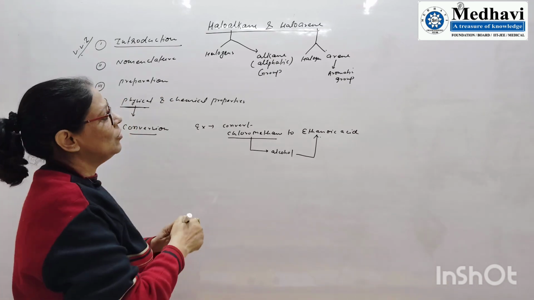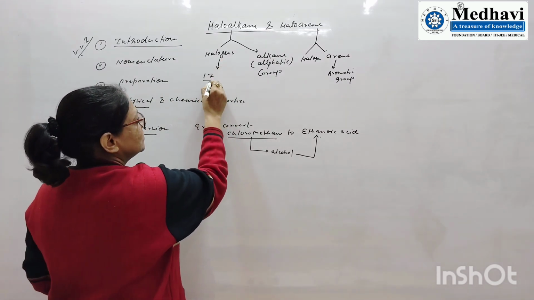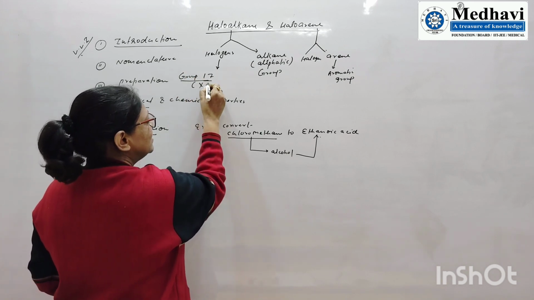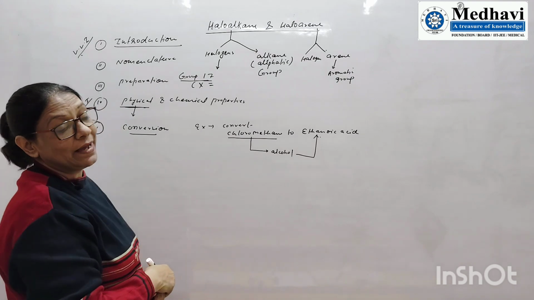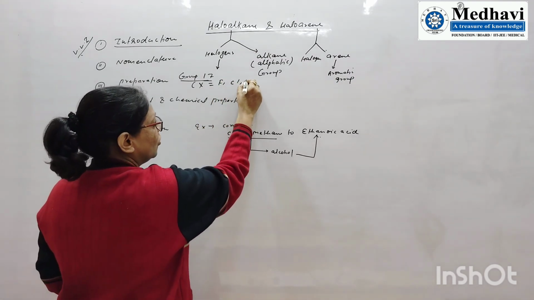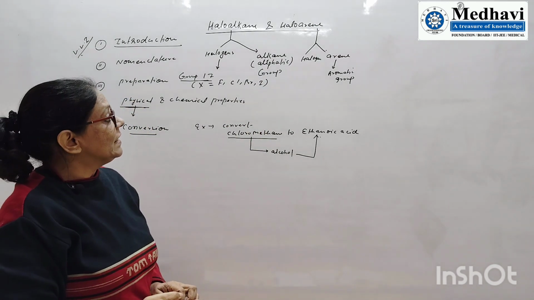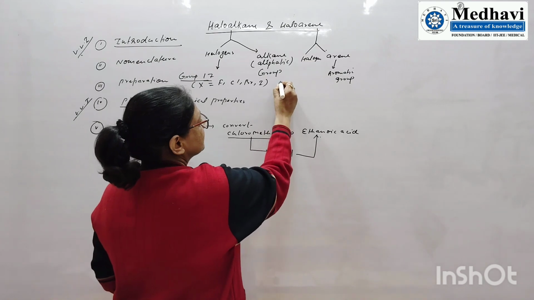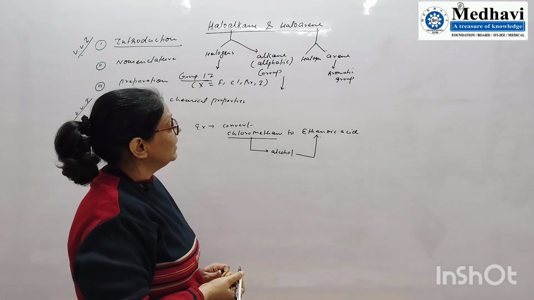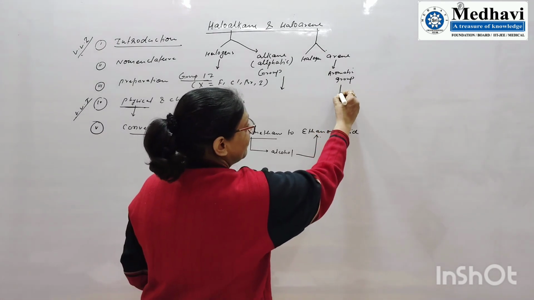So halogens: as I have already shown in the periodic table, group 17 is known as halogens, and in this group halogens are represented by the letter X, and here we include fluoro, chloro, bromo, iodo. And alkanes: methane, ethane, propane, butane, they are alkanes. And aromatic groups, benzene.